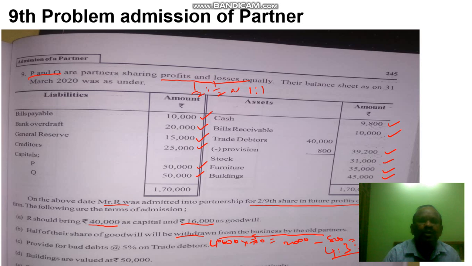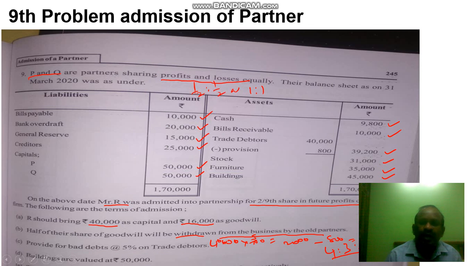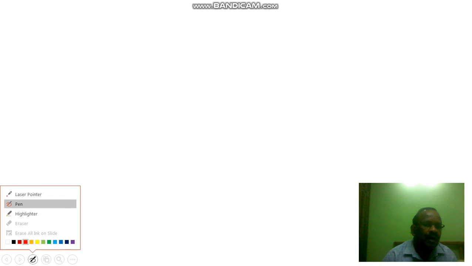Students, now I am going to calculate the sacrificing ratio, because in the previous problem we found out the new ratio, but here they are already giving the ratio. That's why we find out the sacrificing ratio.